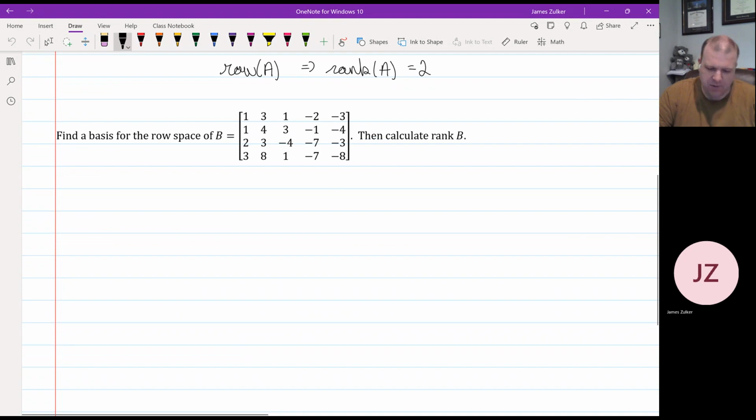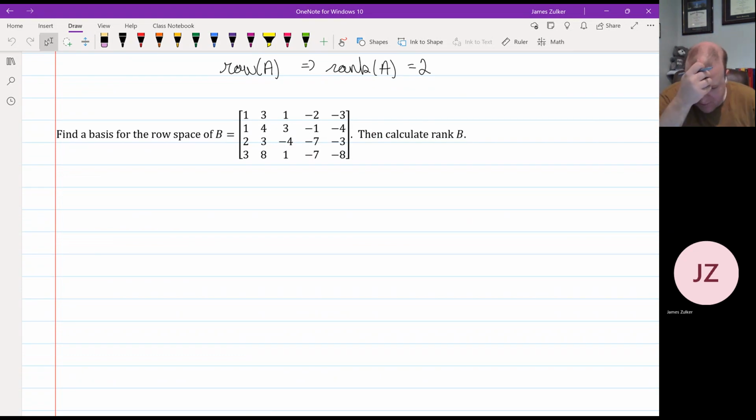Here we want to find a basis for the row space of this matrix. I think this is 4x5? And then calculate the rank of B. So it's the same thing, right? Start with our matrix, and then we'll go ahead and row reduce it.